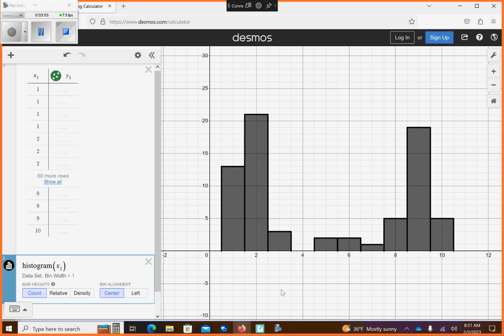This is an awful lot of data. This is a histogram to represent the scores of my data. So what kind of curve does this kind of look like? What do you kind of notice about this? What is it? Oh, close by is right. But it's called bimodal. Bimodal.